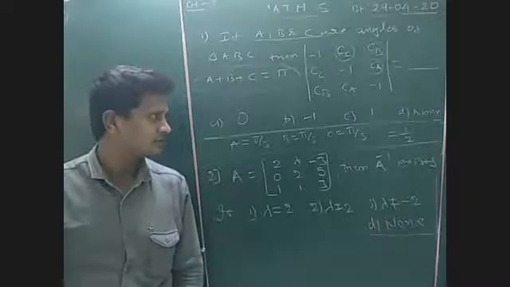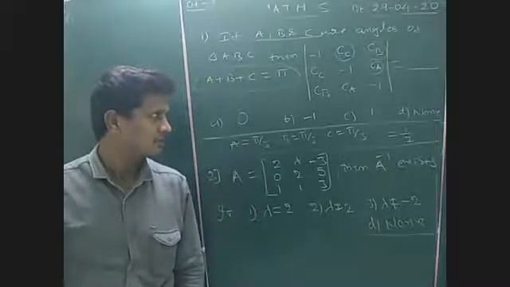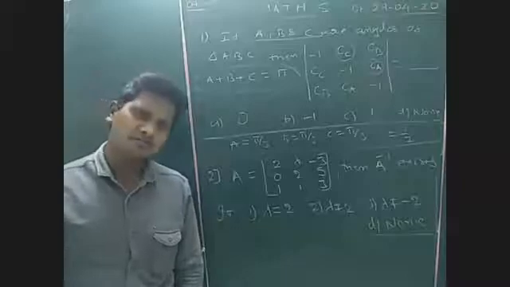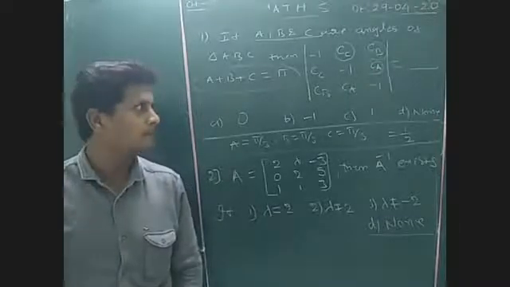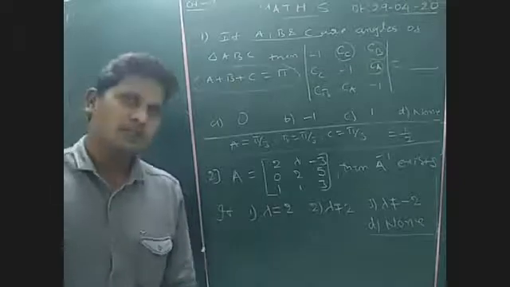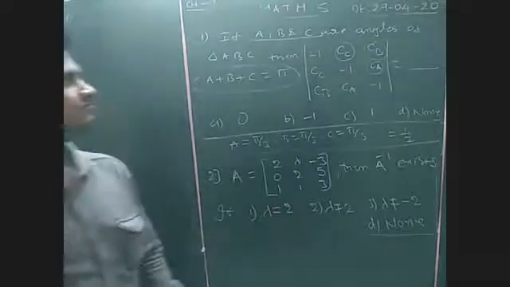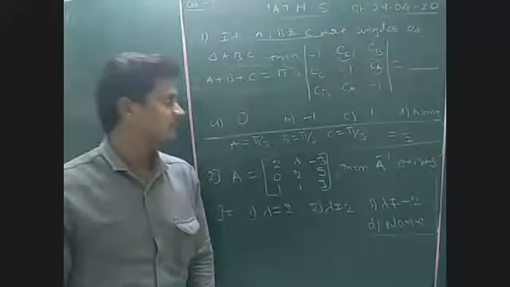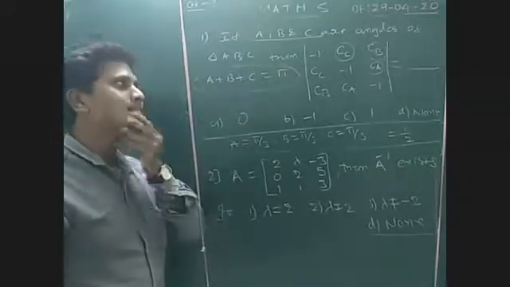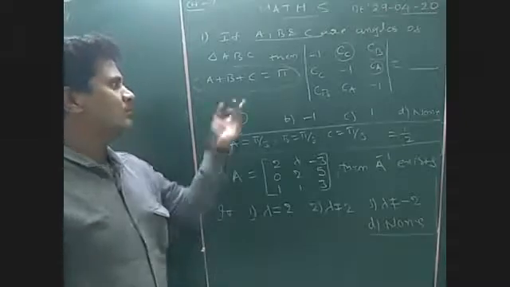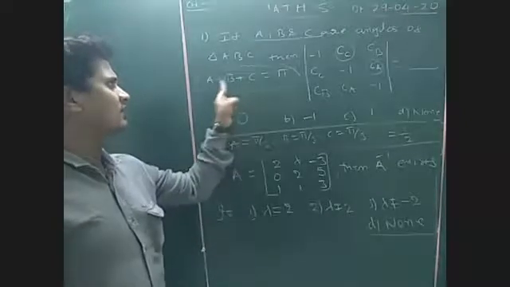Sir, first one's answer is 0, sir. First one's answer 0. Yes, sir. Is it 0? Okay. Let's see others. How many of you got 0? You can take C value 90, otherwise 45, 45.